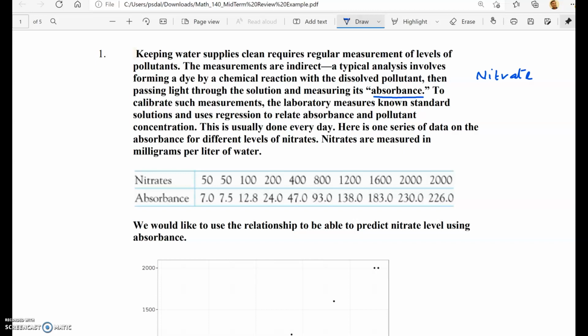And to calibrate such measurements, the lab measures known standard solutions and uses regression to relate absorbance and pollution concentration. So here, this sentence tells us that there is a relationship between the pollutant, which is the nitrate, and absorbance.